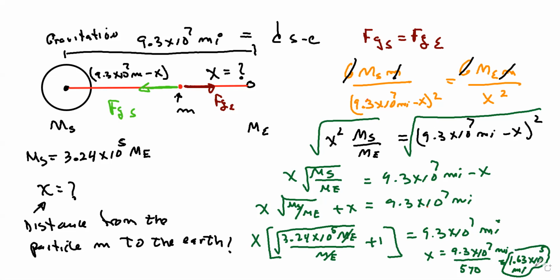So you got your x over here. The distance here is 1.63 times 10 to the 5 miles. And that's the answer from the book by Halliday and Resnick. There you go. So that's the distance from the little particle that has mass little m to the Earth.